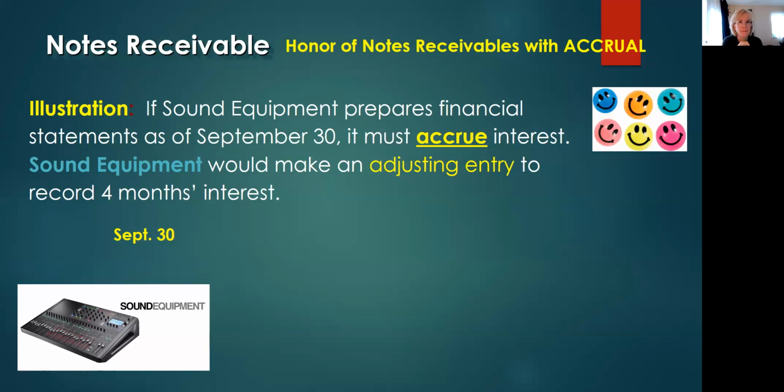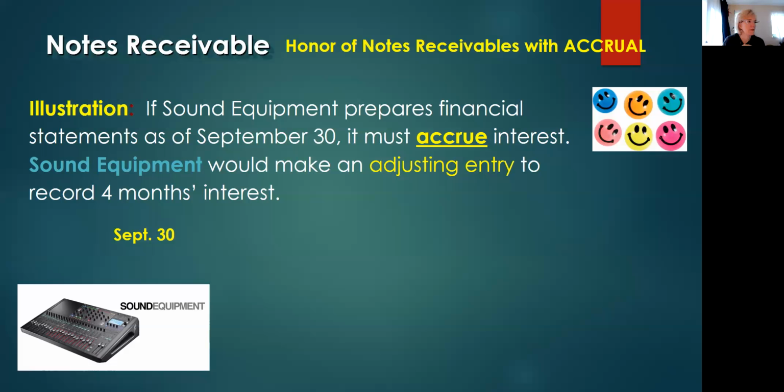Everybody get that? Because you have to count the month of June, June 1 to June 30th, the month of July, the month of August, and you're at September 30th. So that's a whole month. So 4 months. Okay. So here's how we accrue a journal entry for interest. And if you think back to Accounting 201, this question was your stretch question on your first exam.